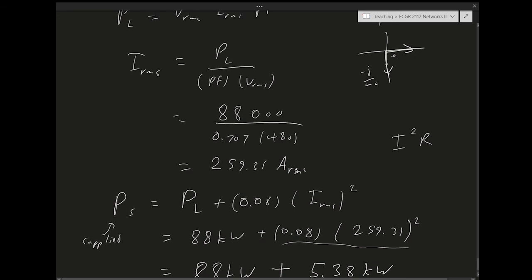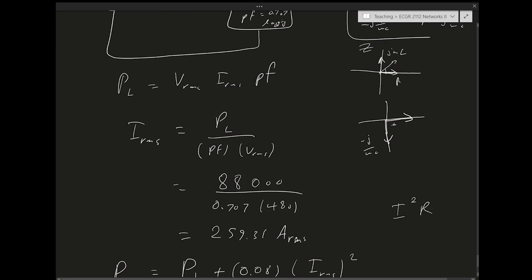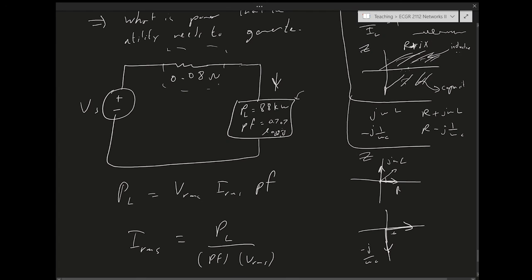Okay. Let's assume this utility came back to this customer, this factory, and said, hey, listen, your power factor is lagging too much. It's causing me to lose a lot of power in the transmission line. I'm going to fine you, or have you pay an extra rate, unless you can improve your power factor.